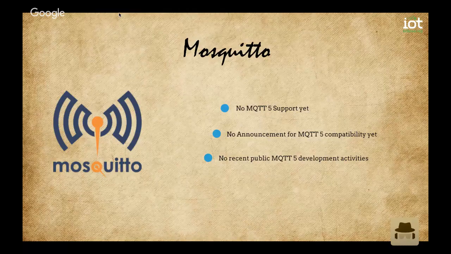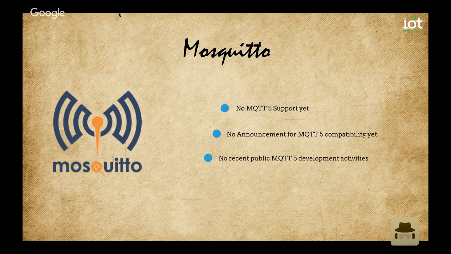Let's look at Mosquitto. Mosquitto is, as I said, without doubt, the most popular MQTT broker. But at the moment, there is no MQTT 5 support yet. And at least I did not find anything about an announcement for MQTT 5 compatibility yet. There are some development activities on GitHub, but it doesn't seem that they're ready for prime time yet.